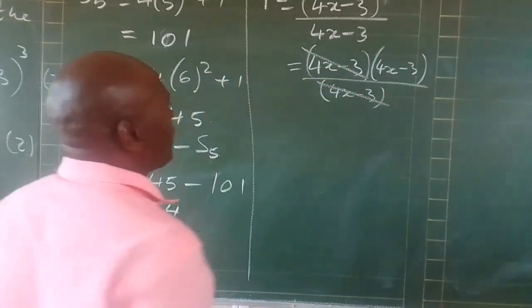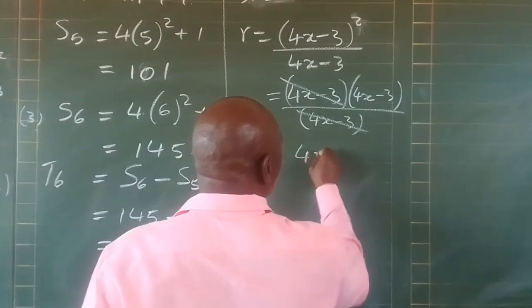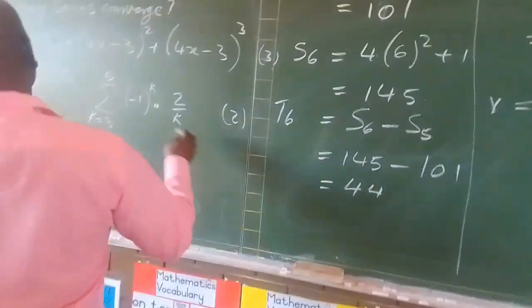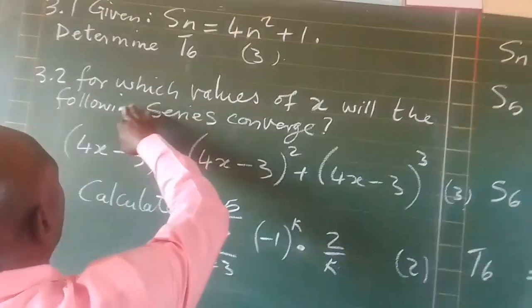This cancels that. You are left with r equals 4x minus 3, the common ratio. Right. They say that what?